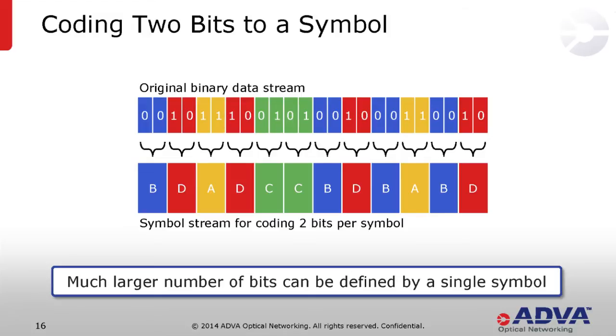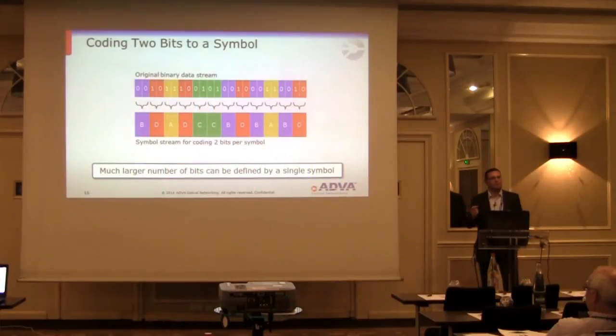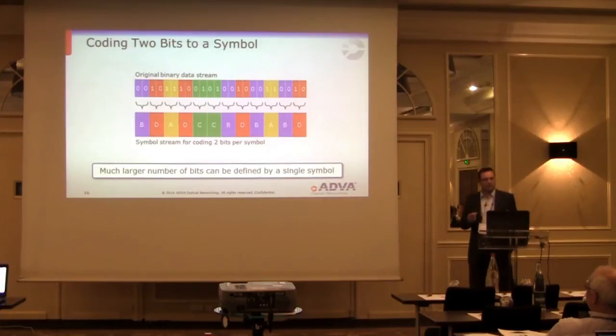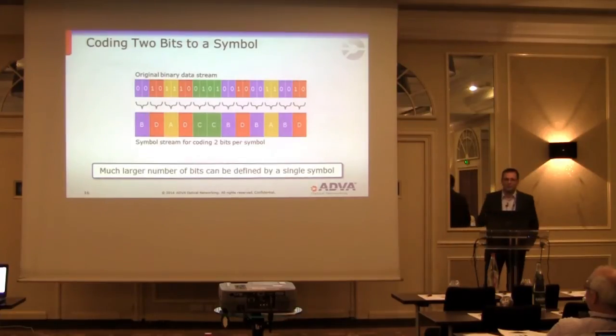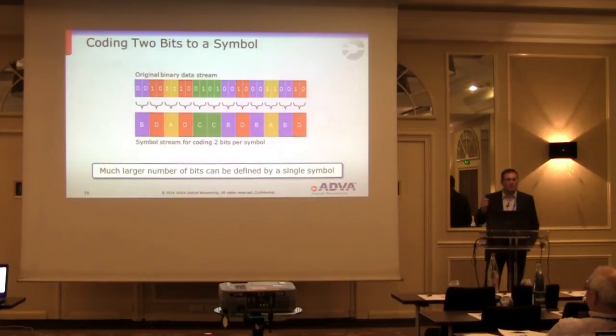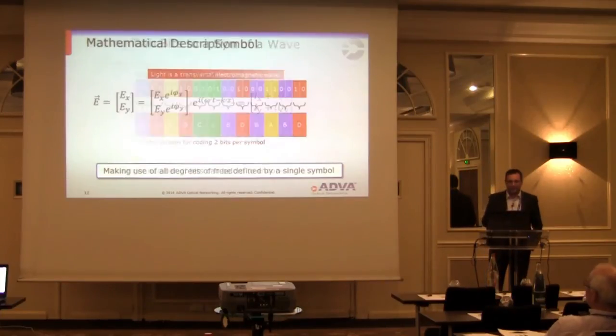So instead of having single bits coded, we code 2 bits in a symbol already. That's the idea. And we can do even better. We could think about modulation schemes where we code 8 or 16 or even more bits in a single symbol. But in order not to make it too complex, let's start with the two things here.